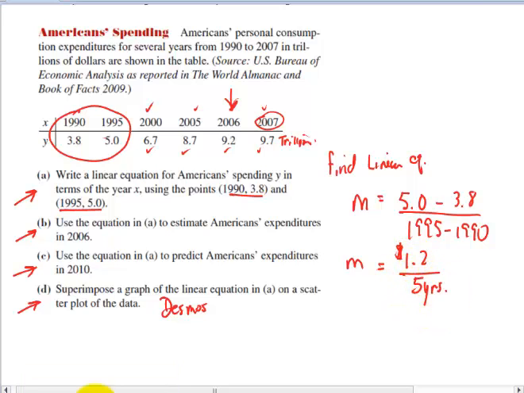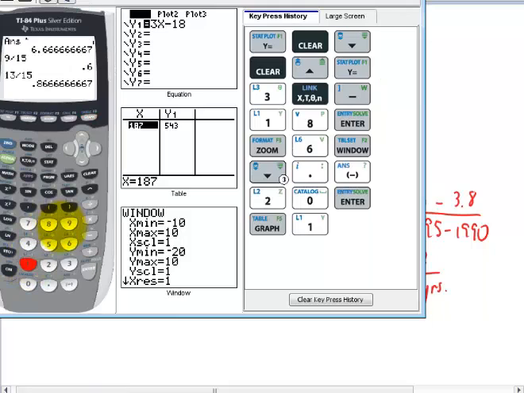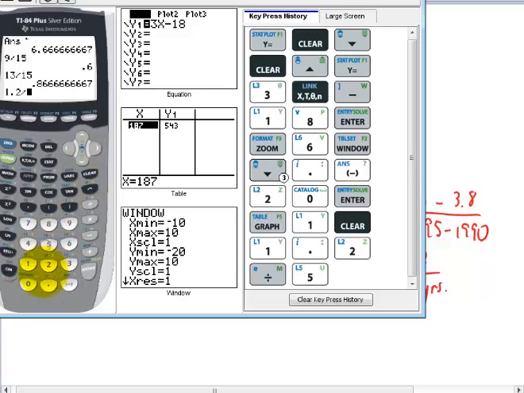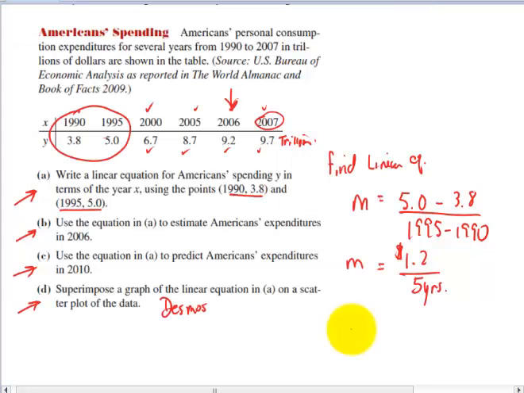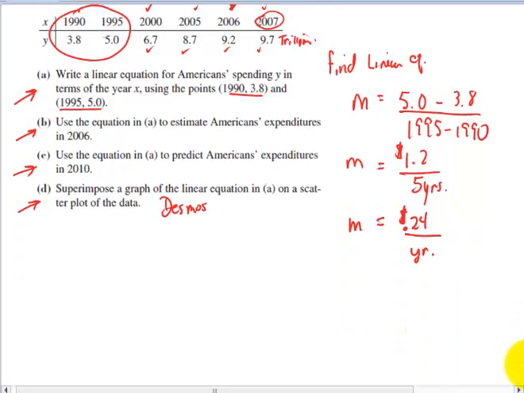And I'll need a calculator to figure that out. So that's going to be 1.2 divided by 5, which will be $0.24 trillion per year. So slope equals $0.24 trillion per year. Okay, so let's come up with the equation.